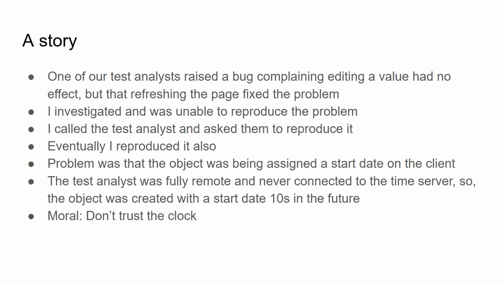And what the real problem was on this occasion was that the developer had used the clock on the client to take the start date of this particular record. It was a record that you entered the value and it was meant to apply straight away, but it actually had a start date on it, and it only applied once the start date had arrived.